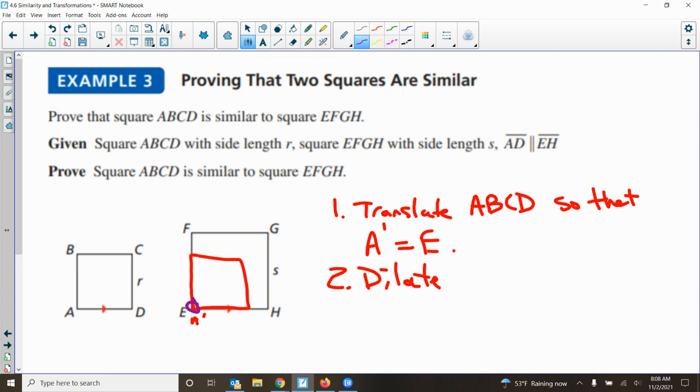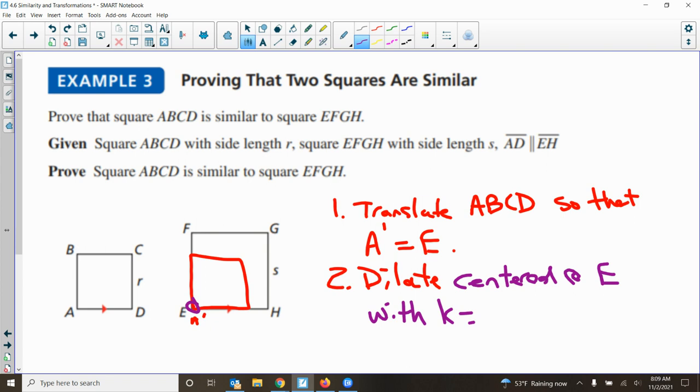The center point of a dilation never moves. Are we in agreement with this? The center point needs to be A prime or E, either one, doesn't matter. Okay. Dilate centered at E, let's call it that, with K.